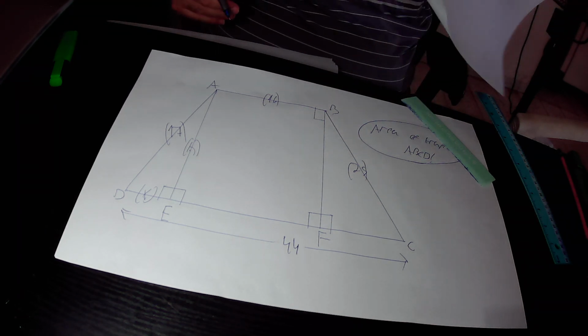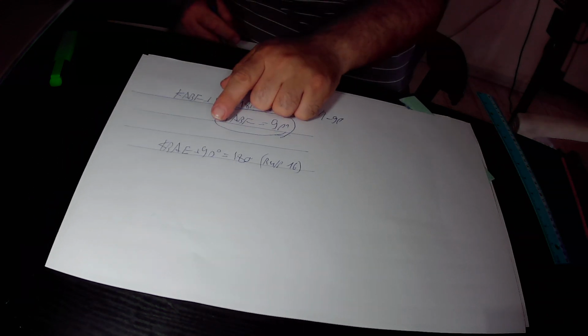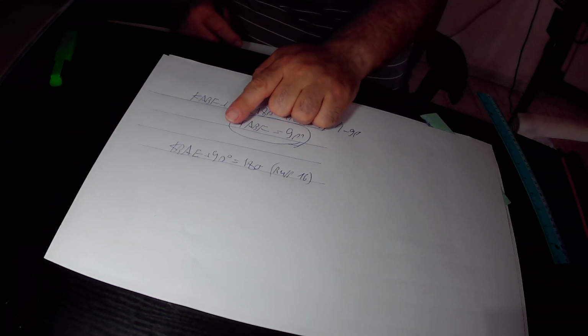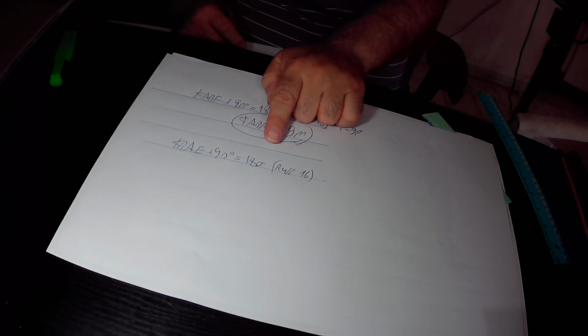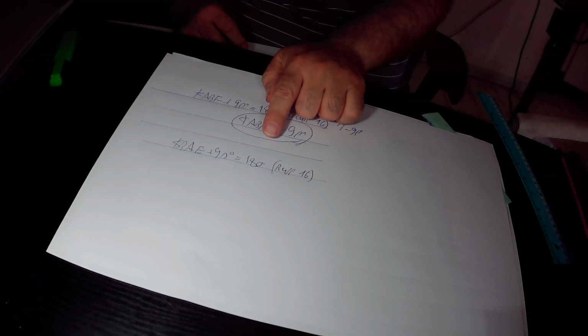So repeat again. The sum of the missing angle BAE plus the right angle, that is 90 degrees, in total must be equal to 180 degrees according to rule 16, because they are defined as one-sided interangles.